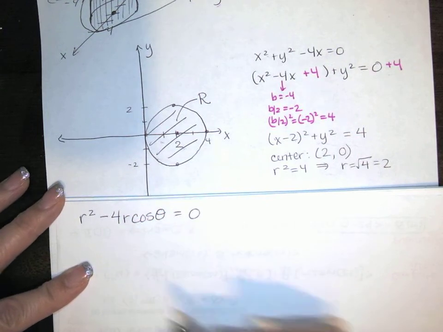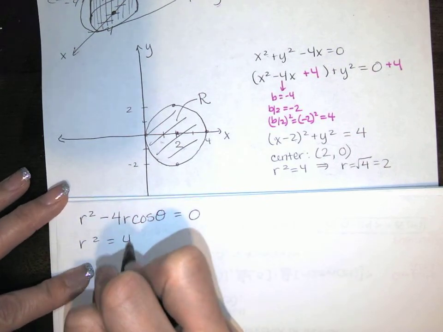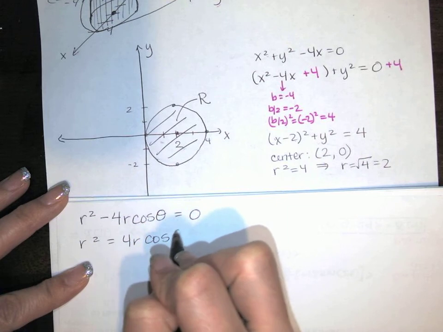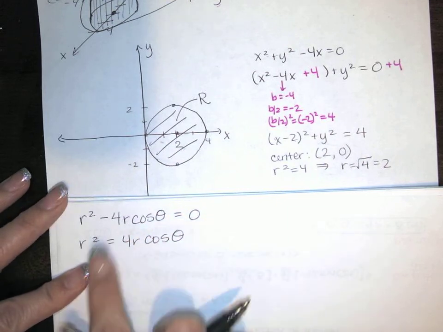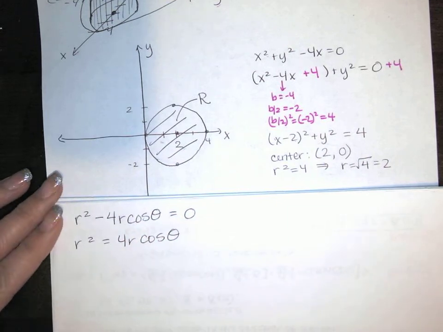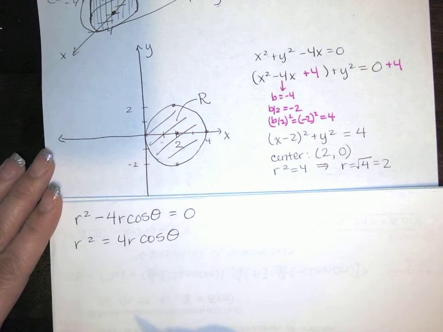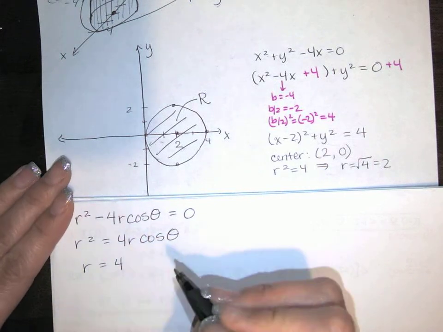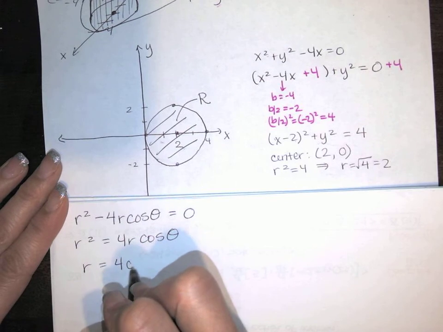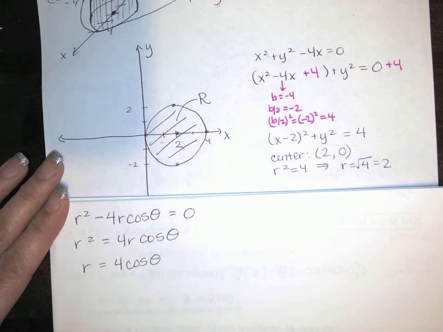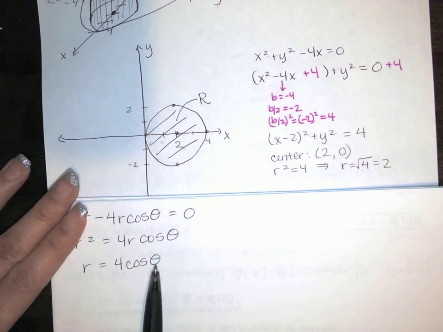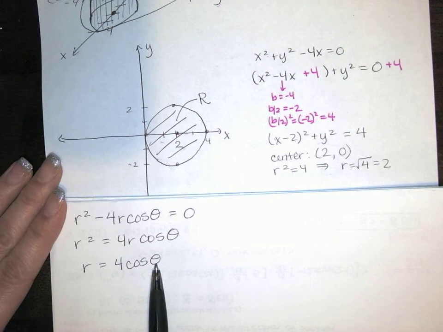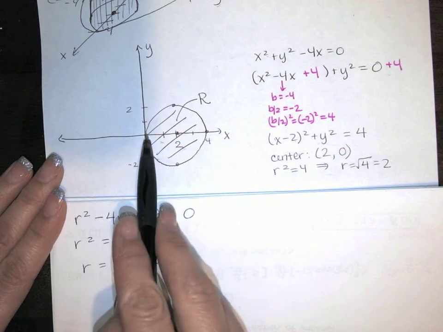So you're just substituting, and then add the 4r cosine of theta to both sides, and then you can divide out the r. Normally we don't do that because we don't want to accidentally divide by 0. But we see that r is equal to 0 at lots of different values of theta. At theta equals pi over 2, cosine of pi over 2 is 0, so we would be right here.